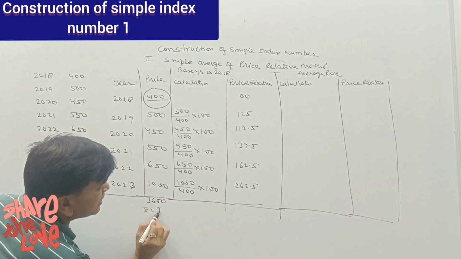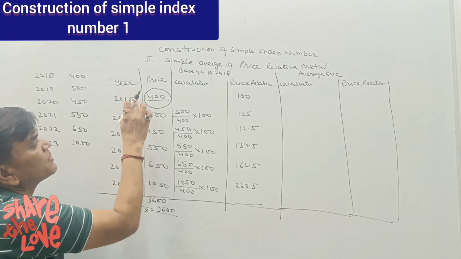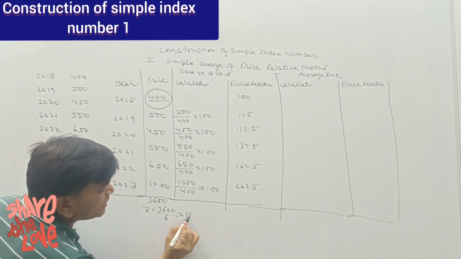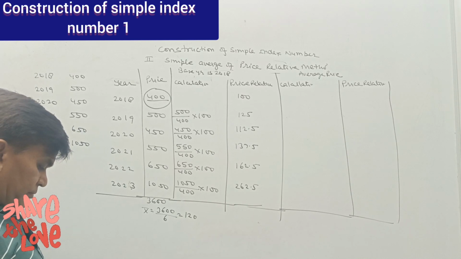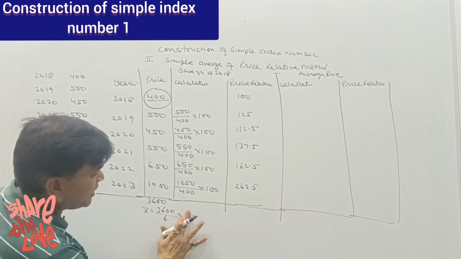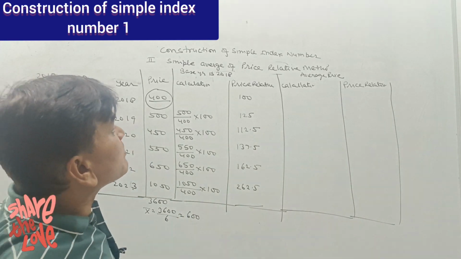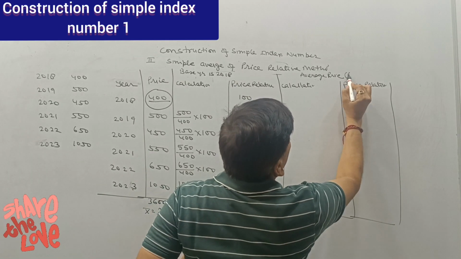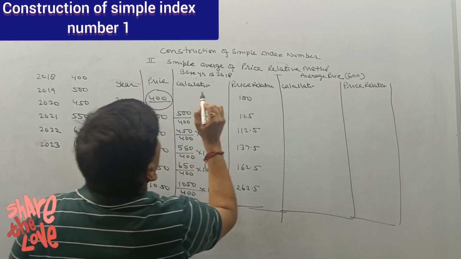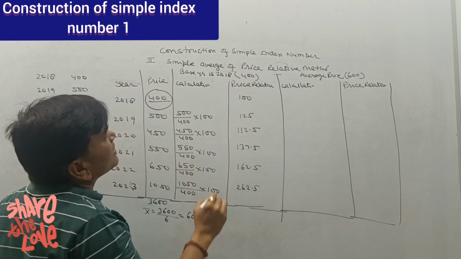So average is 3600 divided by 6. So that is 600. In 2018 that was 400, but now it's 600.